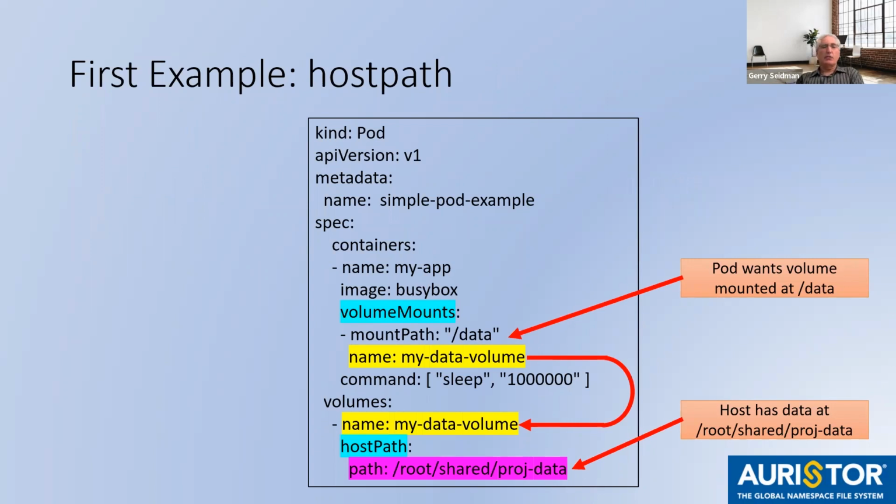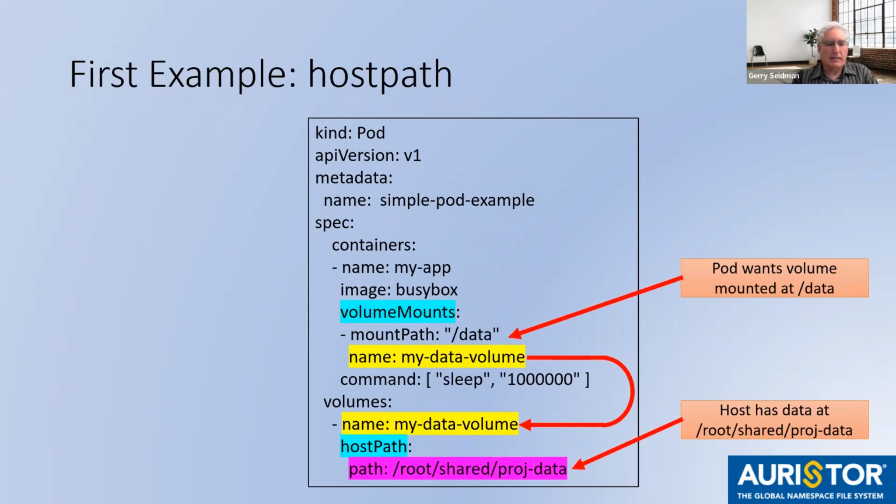What I'm seeing here is a Kubernetes pod that specifies what I just described. It's saying the pod wants a volume mounted inside its running container at the directory /data, and it should find that at the external location on my local host at /root/shared project data, whatever I said.